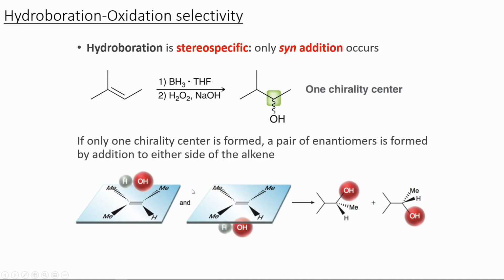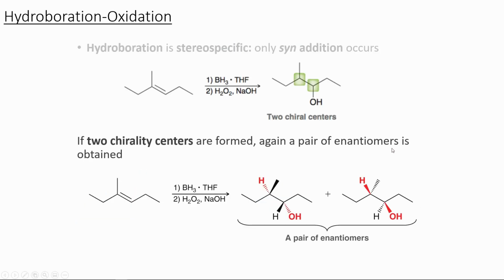If we're forming a chiral center, we'll obtain a pair of enantiomers as well, because of the ability to attack from either face. In some cases, we might actually form 2 new chiral centers, and if this is the case, we'll form also a pair of enantiomers because of the syn addition of this reaction.